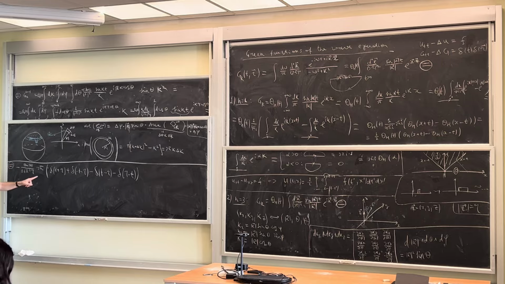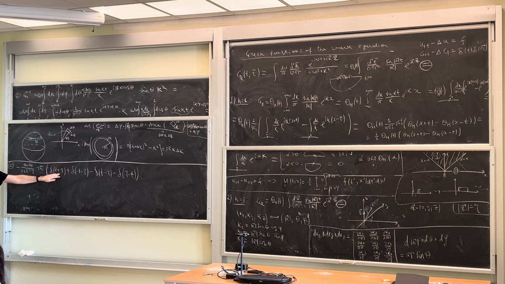Now let's look at these delta functions. t is positive because otherwise this Heaviside theta vanishes. r is also positive because it is a distance to the origin.